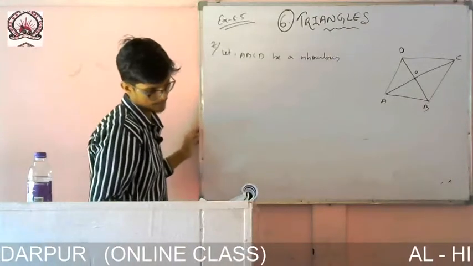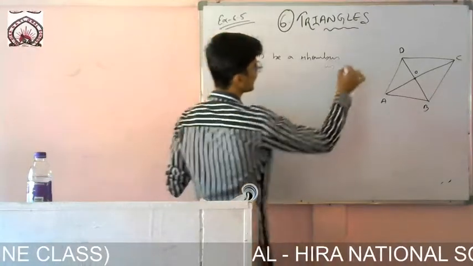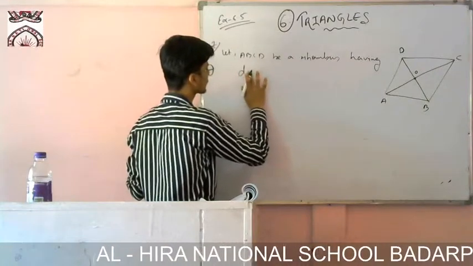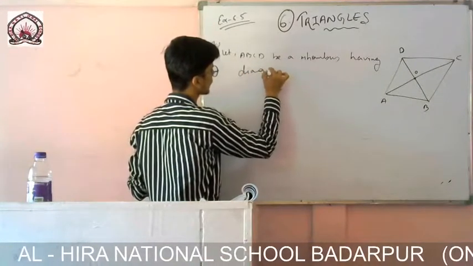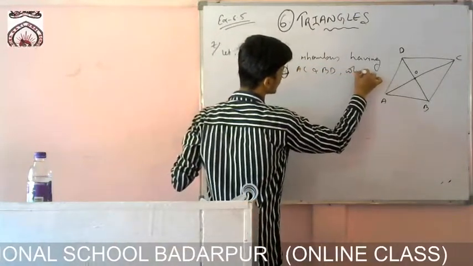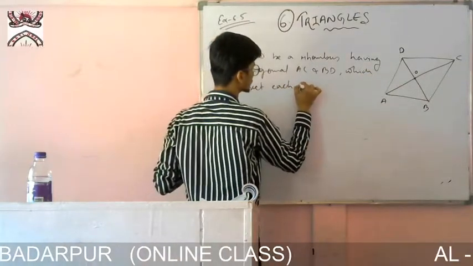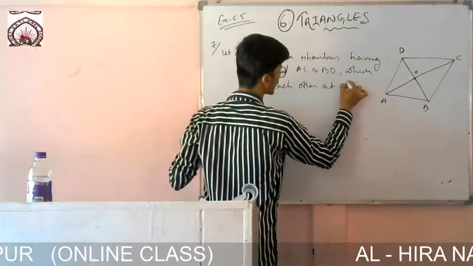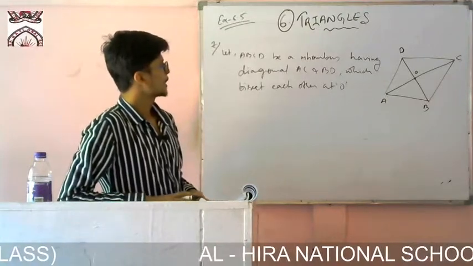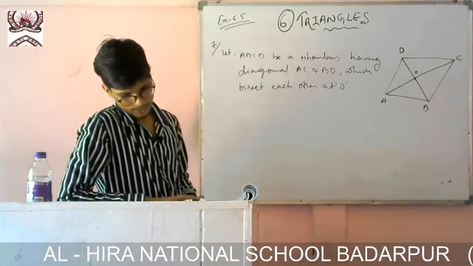Let ABCD be a rhombus having diagonals AC and BD, which bisect each other at O.